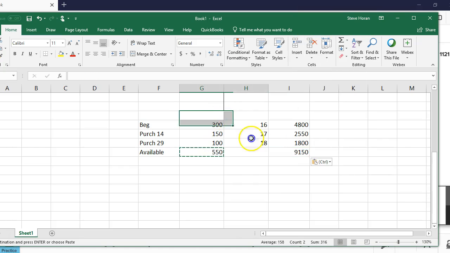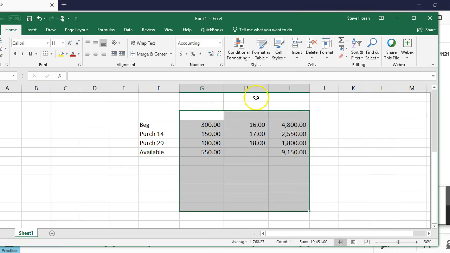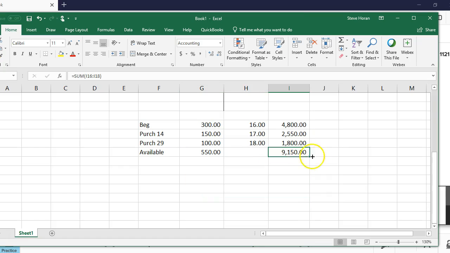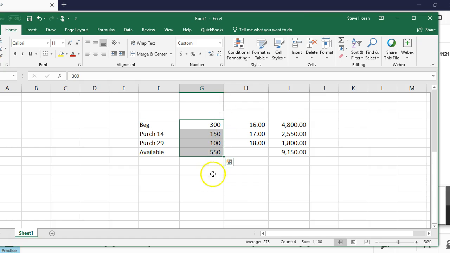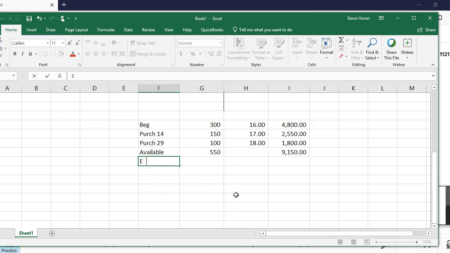And let me format this so it looks a little bit better. Okay, so my cost of goods available is $9,150 in dollars, and in units it's 550. Okay, so physical count we know yielded 200 left over, and the problem said there's 200 left over, so let's do minus 200.